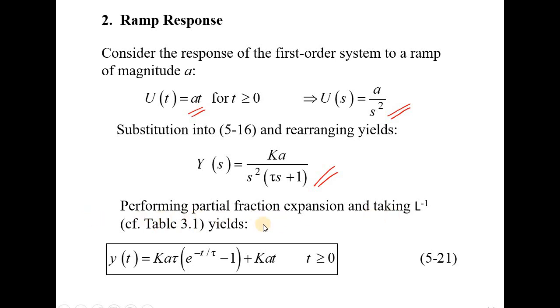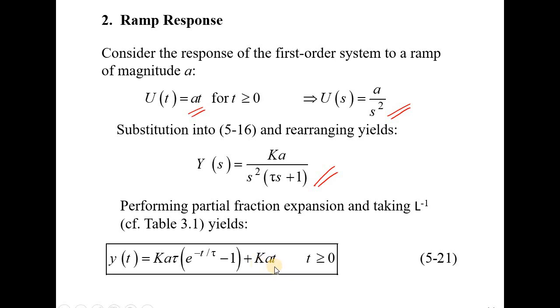If you do the partial fraction expansion and then take the Laplace inverse, this is the answer you're going to get, which is K a tau into e to the power minus t over tau minus 1 plus K a t.